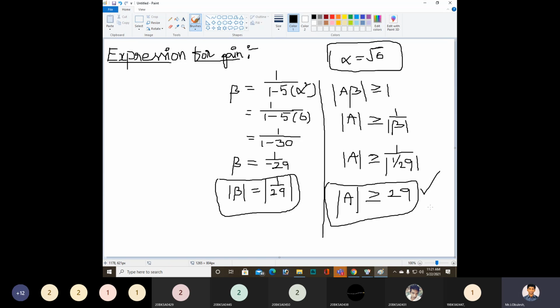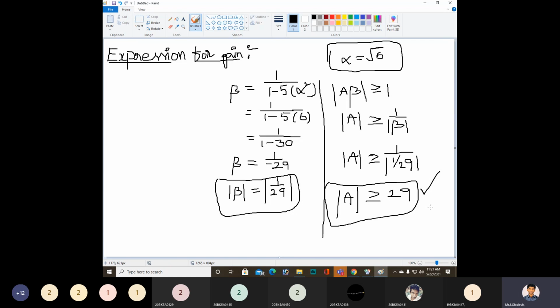For oscillations to occur, the gain of the amplifier or op-amp must be equal to 29 or greater than 29.